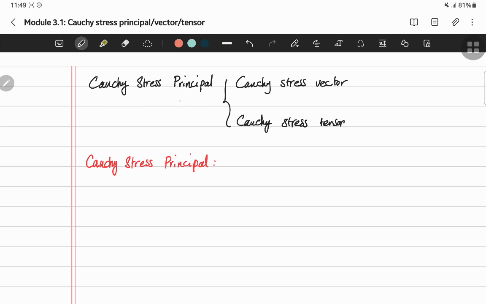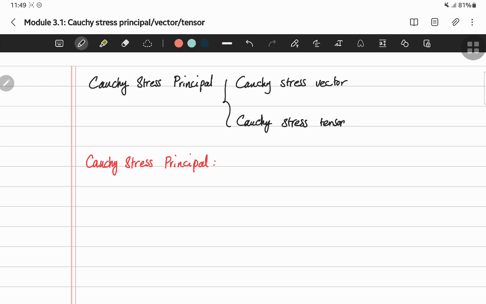So first, we use the Cauchy stress principle to develop the very introductory and very fundamental form of a stress tensor and a stress vector. And later we get into the form and reference configuration, how we can use the form and reference configuration to represent different stress tensors and develop new concepts.